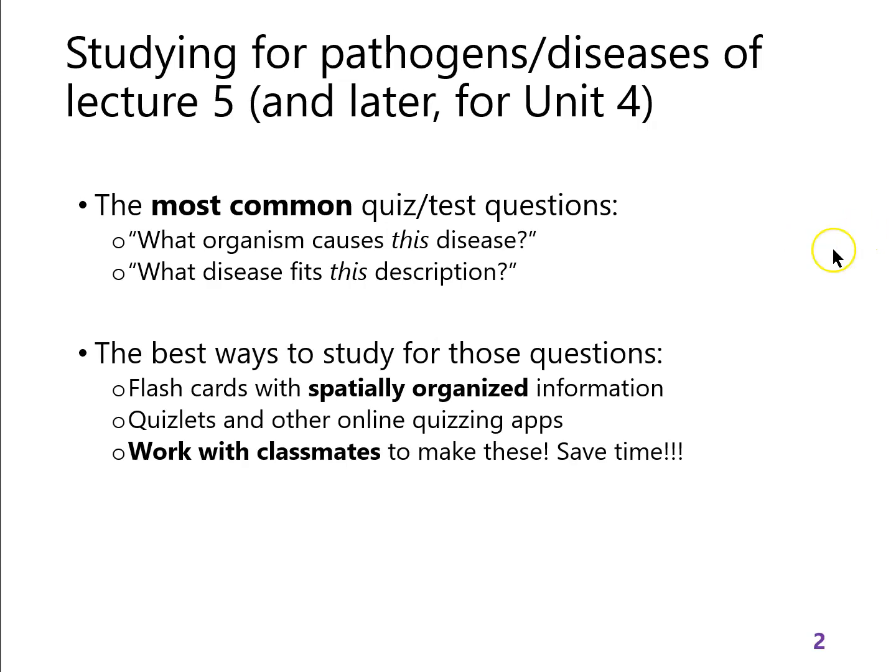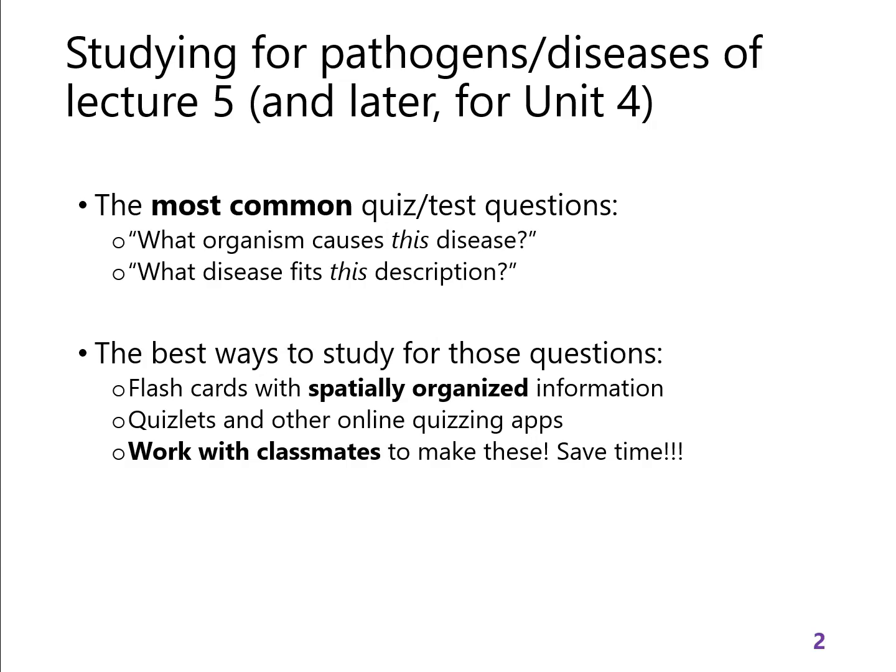The best way I recommend studying is with something like a flashcard where you spatially organize the information. In the upper left corner, you might put the organism. In the upper right, you might have something like the common signs and symptoms.